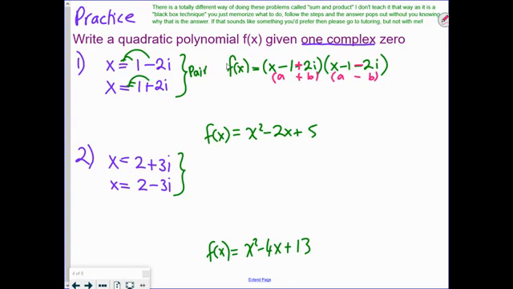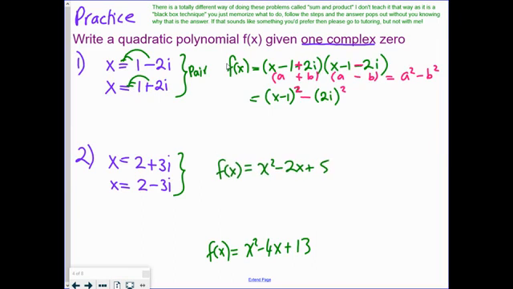So we're going to replace that with a squared minus b squared. So our a squared is x minus 1 squared. Then we're going to subtract, that's my a squared, and then I need my b, which is 2i, and I need to square that.